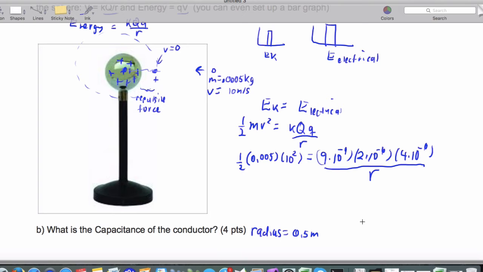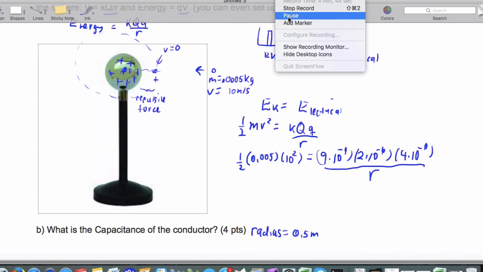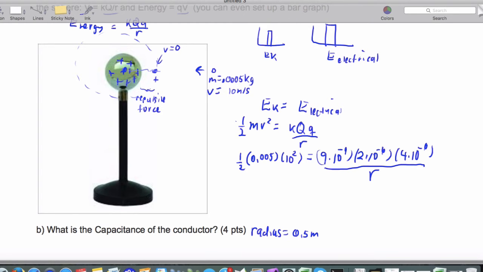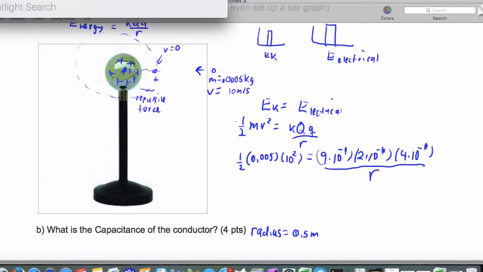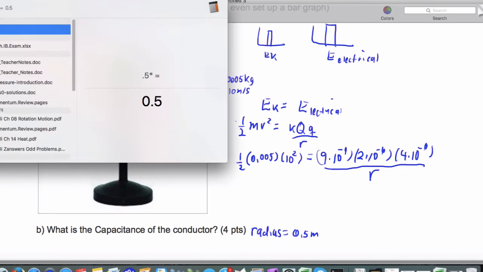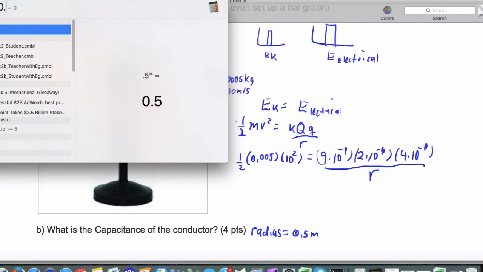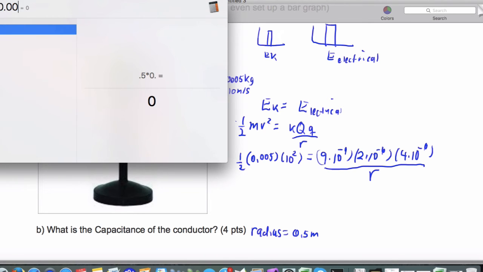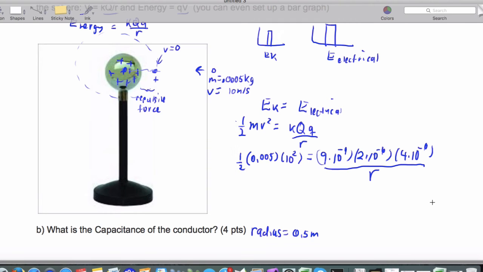So let's do a little bit of algebra and we'll solve. So 1/2 times 0.005 times 100 gives me 0.25 here. And that's going to equal, we got quite a bit here, and this is 10 to the positive 9th, I apologize for that.